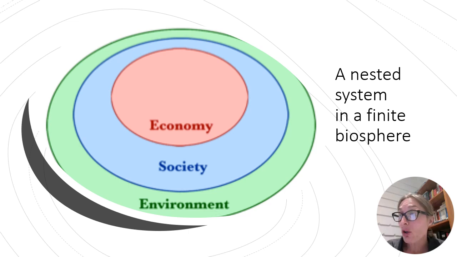So we saw the neoclassical approach depicted the economy in relation to the environment in a way that conceptualised the environment as a resource to be used. But for ecological economists, what we now see is that the economy is itself conceptualised as a nested system within a finite biosphere. You've got the economy within society, and you've got society within the environment. So the environment is now viewed as a limitational constraint.